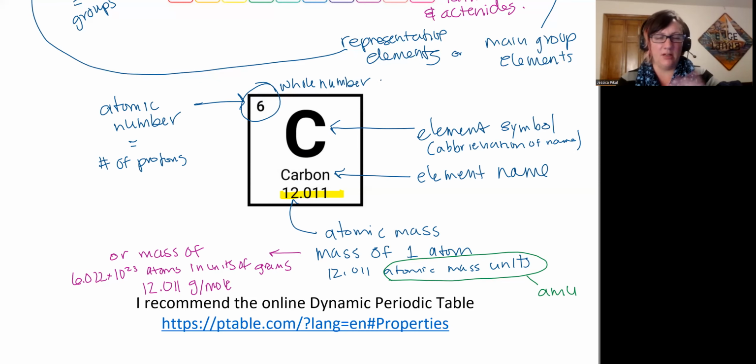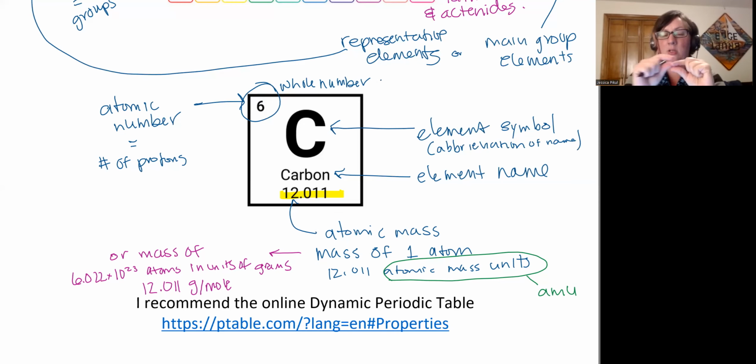And there's a very long conversion I can show you if you want, if you don't believe me. But it represents, for the mass of one atom, units of atomic mass units, which are just like really itty bitty increments of mass. So 12.011 atomic mass units would be the mass of one atom.